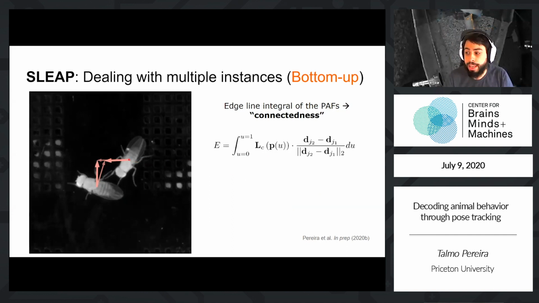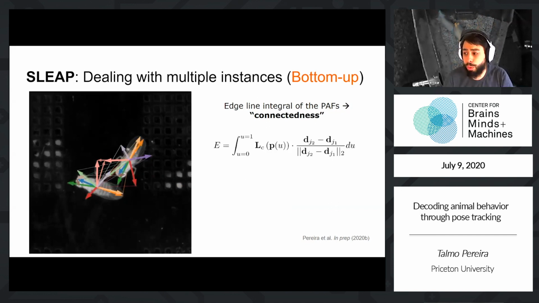And so if we take a line integral, that is, if we take the average of all of those directed arrows from each pair of candidates, then we can weigh the strength of the connection by how much the arrow in space aligns with the arrows that were predicted in the part affinity fields. We're going to do this for every connection that forms the body skeleton graph.